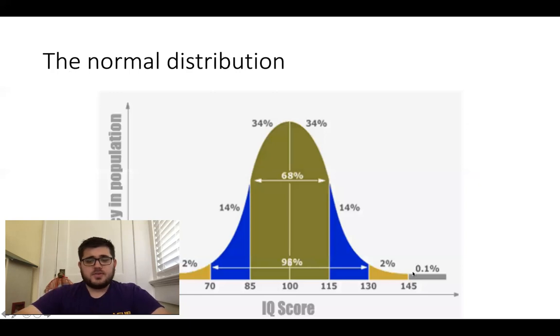An IQ of 160 is, let's see, 1, 2, 3, 4 standard deviations above the mean. I think I did the math once and found that there's a 1 in 60,000 chance of having an IQ that high, meaning you would have to collect the IQ scores of about 60,000 people before you eventually got one as high as 160.